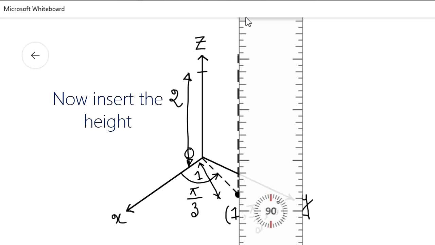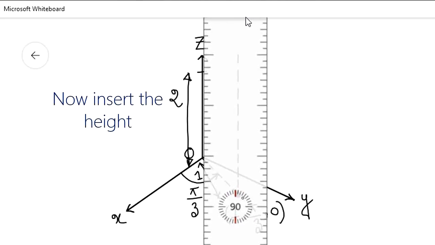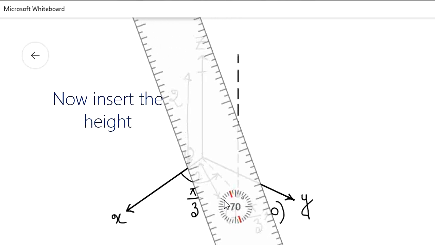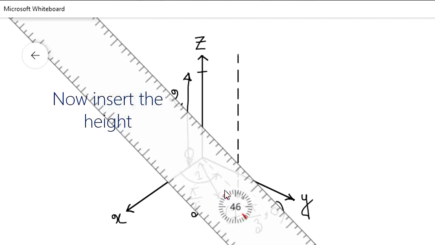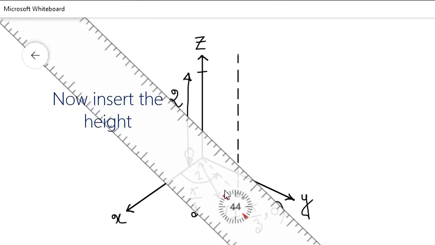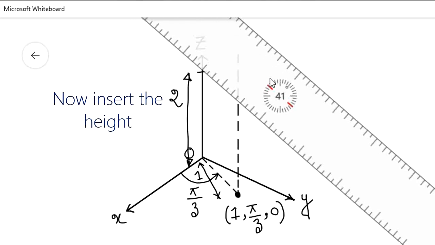So now to ensure that our point has 2 unit height, what we need to do is that we have to place the ruler at the z-axis intercept and draw a line that will be parallel to our projection line. So let's draw a line that will be parallel to our projection line. Okay, I think this is parallel to our projection line, right?